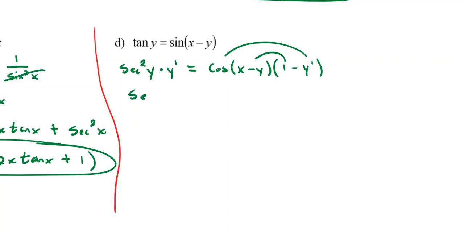So this would be secant squared y times y prime is equal to cos of x minus y, and then minus y prime cos of x minus y.